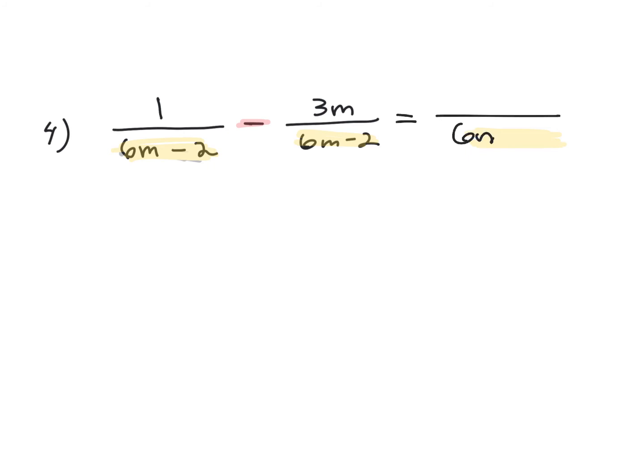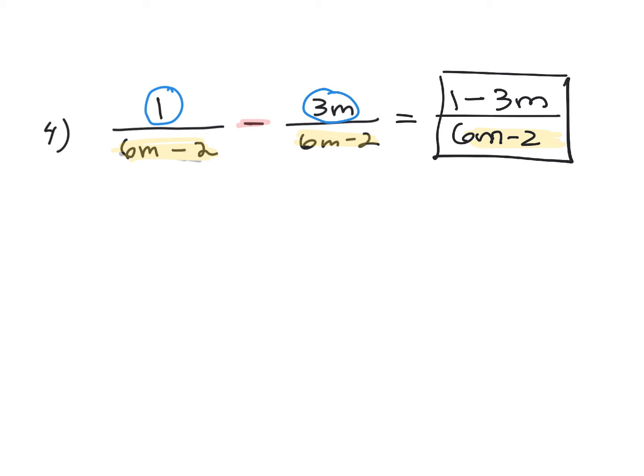So 6m minus 2. And then when we subtract the numerators, those are not like terms. And so that is 1 minus 3m. And then that's your answer. But can this answer be reduced? Question mark.